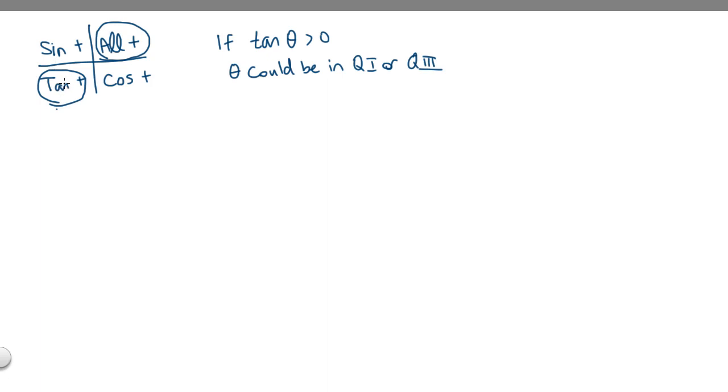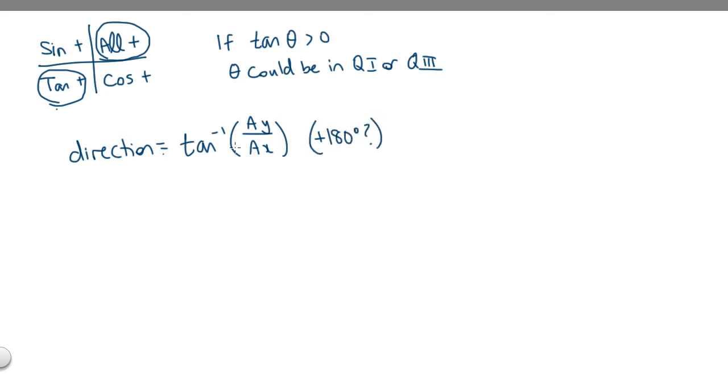That's what allows us to come up with our general formula: to get the direction of a vector, we go arctan of its y component over its x component, and we'll need to add 180 degrees to that as well. That gives us two possible directions. Then to determine whether we really need to do this or not, we just draw a quick sketch of our vector and see which one matches our picture.